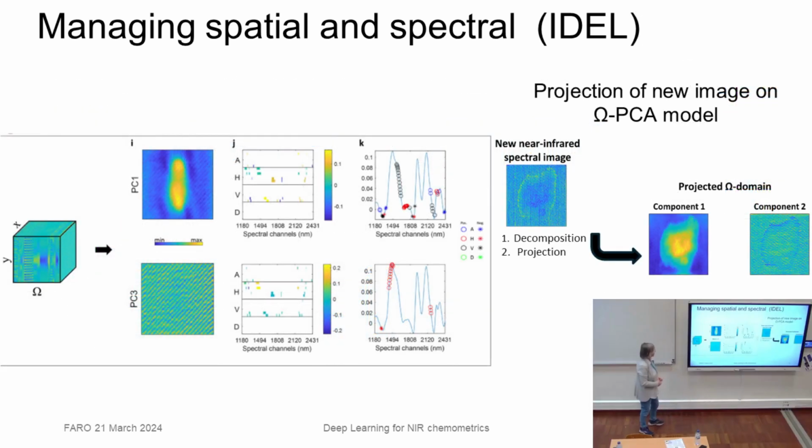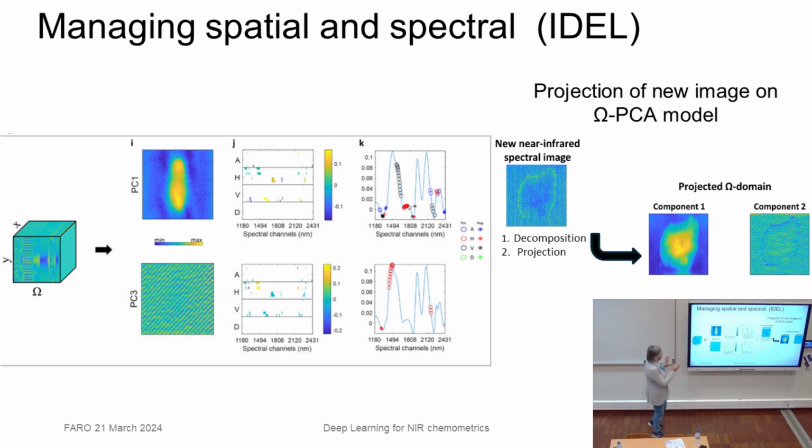And what is nice with this is that we can have a calibration image. So we can do some multivariate data analysis on this. From this, we can recover spatial patterns, but we can also recover which are the important spectral wavelengths related to these spatial patterns.